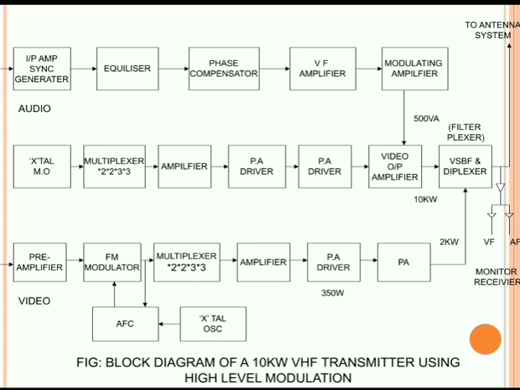Bulk increases, and hence nowadays it is very rarely used, because nowadays you can see the TVs are very flat. They do not take so much space. That's why high level modulation television transmitters are not used nowadays.